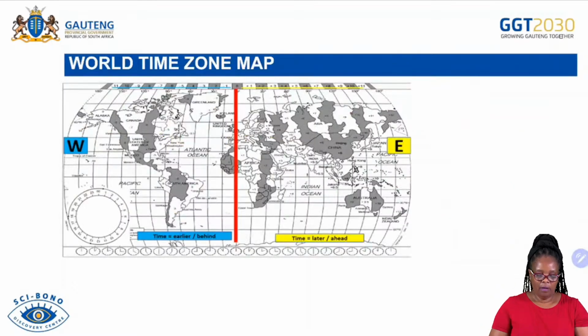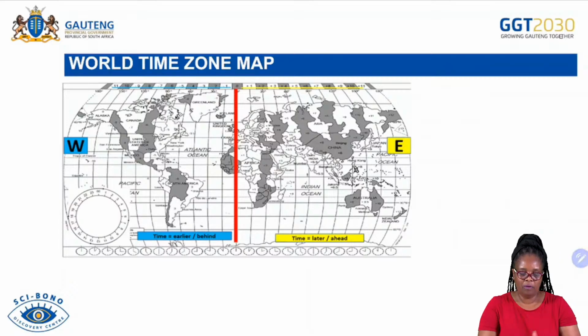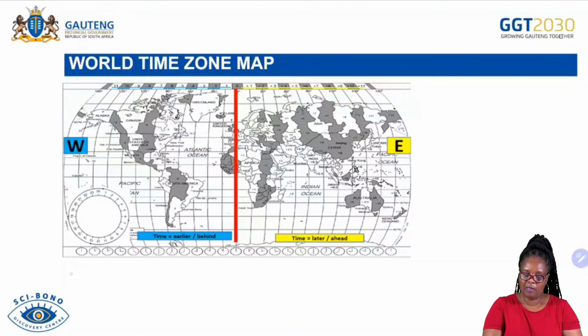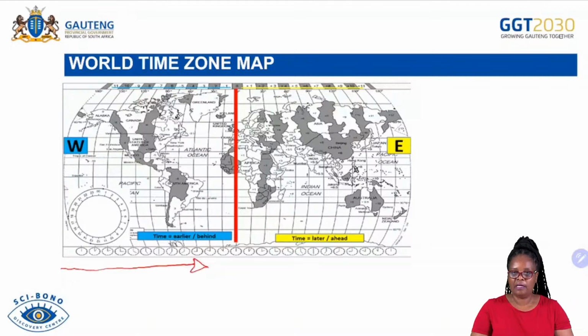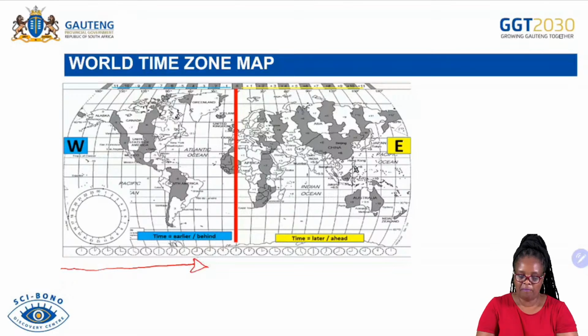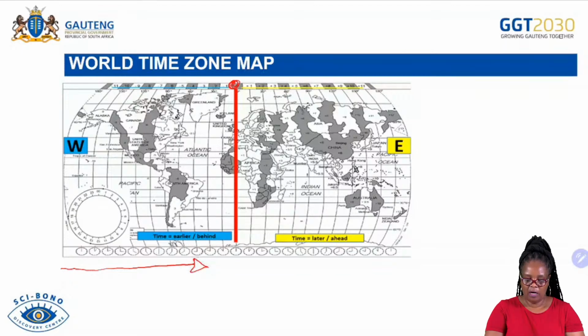When you find the places, the same way as you are writing, you move from the left to the right. The first place that you come across is London. London is here at 0. That's the first place. Then we keep on moving.